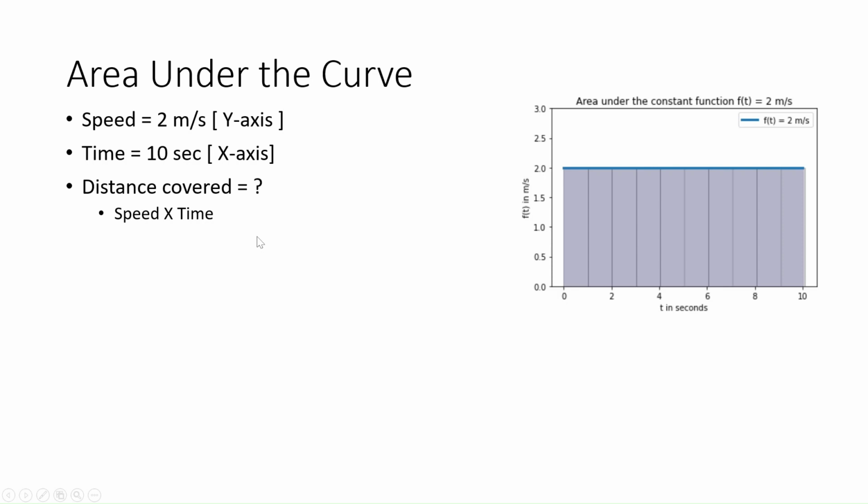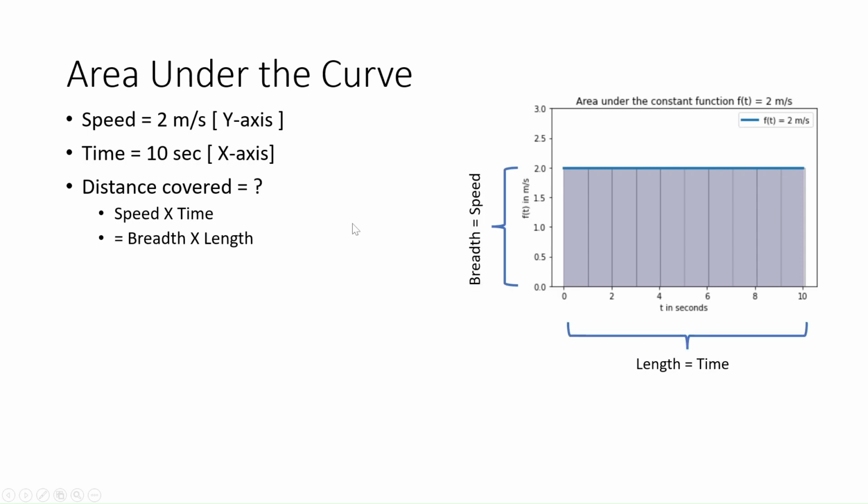But instead of looking at this problem from an algebra perspective, let's just look at it geometrically. Let's concentrate on this rectangle. The breadth of this rectangle is nothing but the speed, and the length of this rectangle is nothing but time.